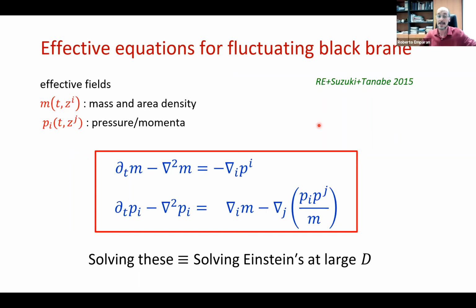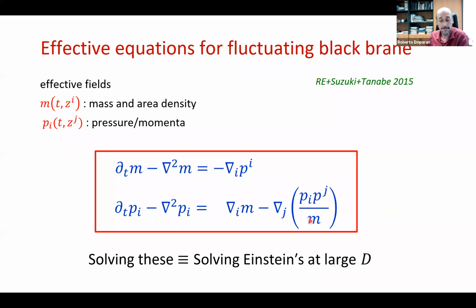And these are the equations that describe fluctuations of these black branes, at least as long as the gradients of these fluctuations are not very large, that they don't become as large as D. But of course here, to leading order at large D, we're taking D to infinity, so in principle they are valid, or at least a good approximation for a sufficiently large number of dimensions.